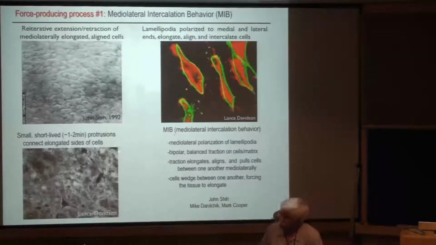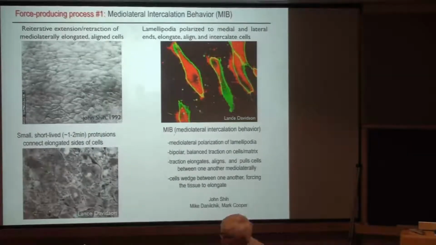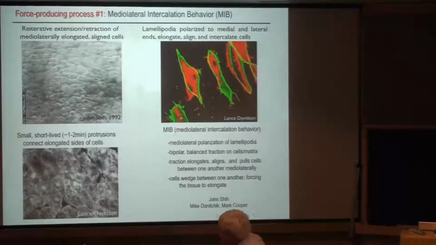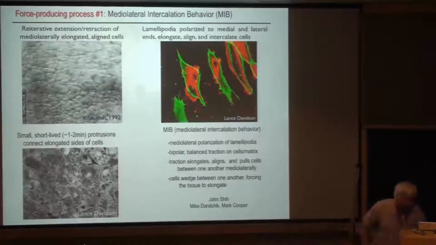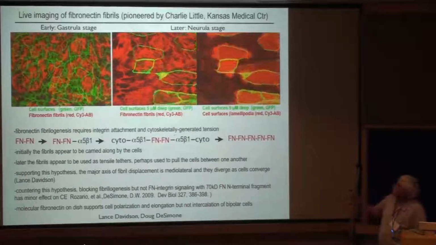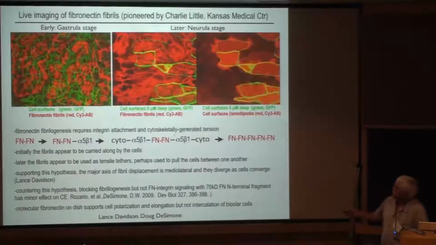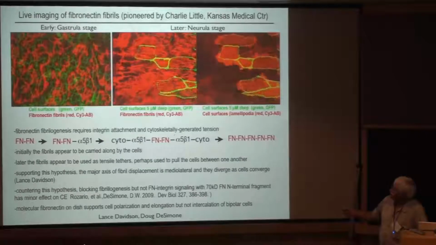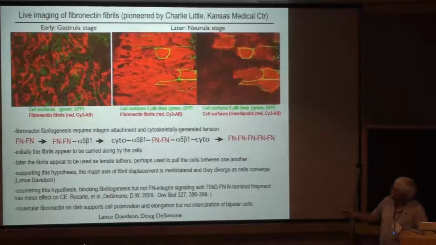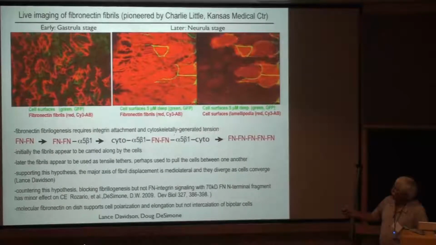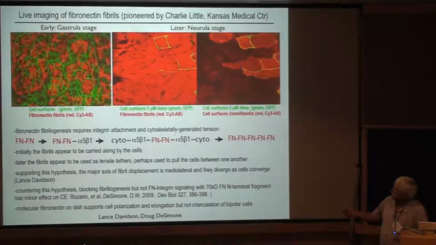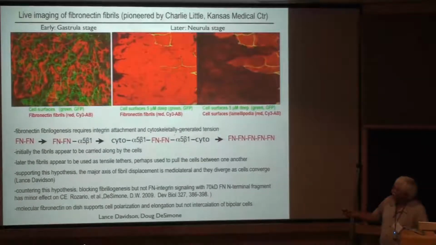So in all these processes, it seems to be all about cells. But when do they start to secrete the extracellular matrix? This is imaging the matrix by putting in a non-function-blocking antibody that's tagged. And so as the fibrils are assembled, this is Lance's work, stuff that we did with Doug DeSimone. If you put a dose in and then wash it out, you get a pulse label.